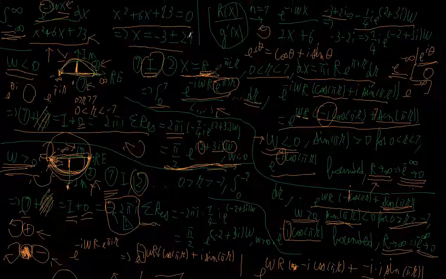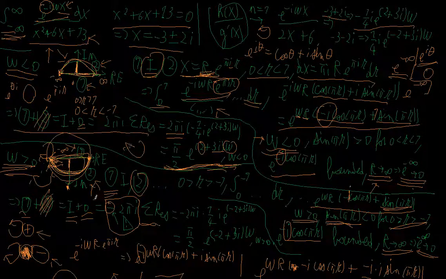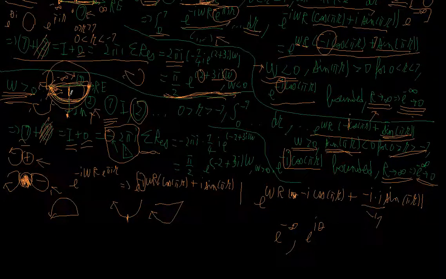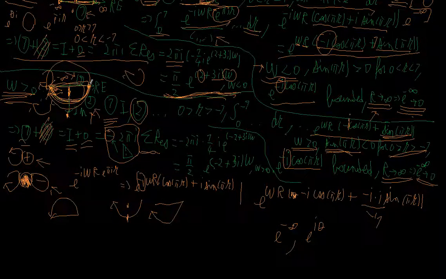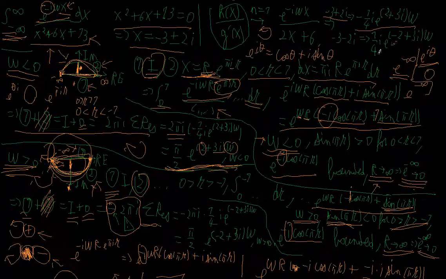Again, we only have one residue inside. We have it for the pole minus 3 minus 2i, because the minus 3 plus 2i would be in the other part, the first part. So we only have minus 3 minus 2i. And so now we can evaluate our residue.